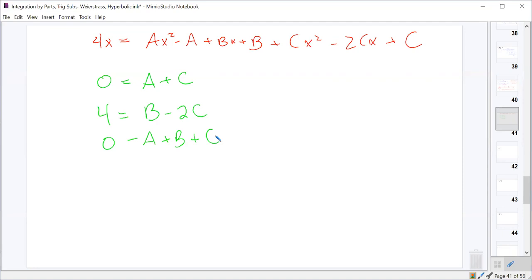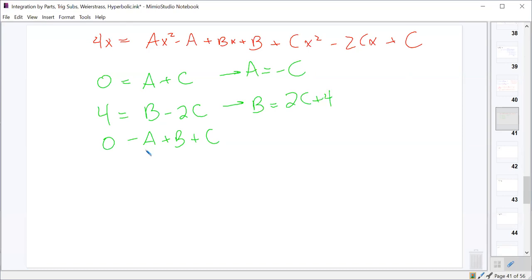Yeah, that's okay. And then probably take the a equals negative c here, right? Maybe do that. A is equal to negative c. And if a is negative c, and what about this one? B is equal to 2c plus 4.